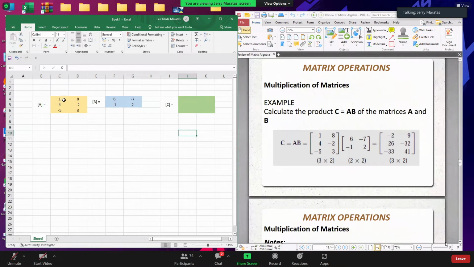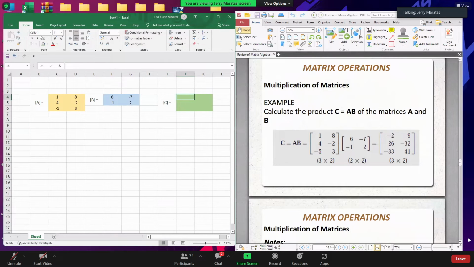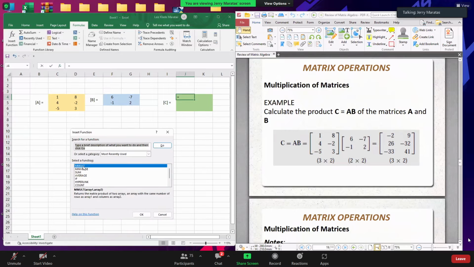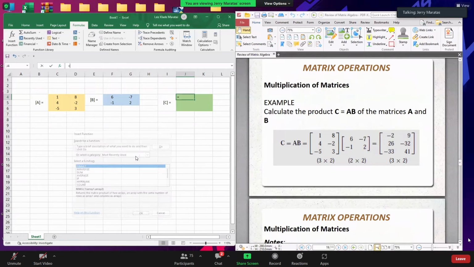Okay na ha. So assuming we multiply these two matrices. This is your matrix A, this is your matrix B. Using the Excel program, go to formulas, insert function, and choose MMULT.